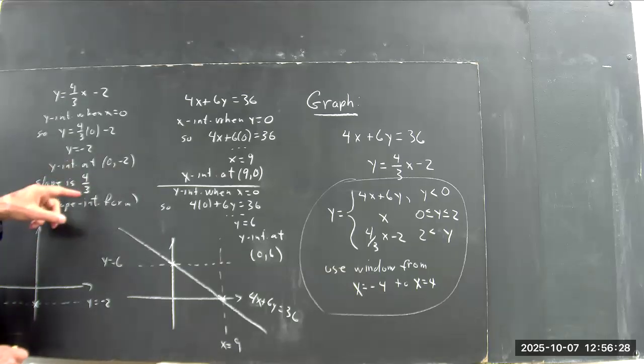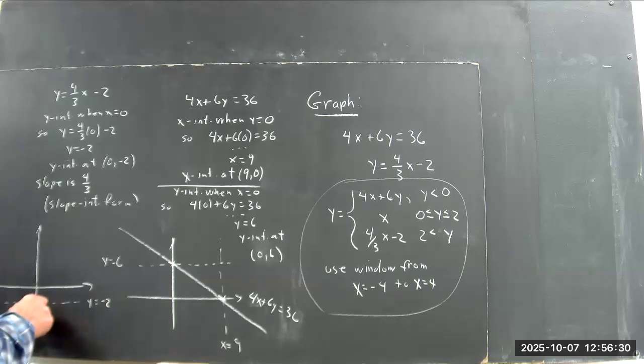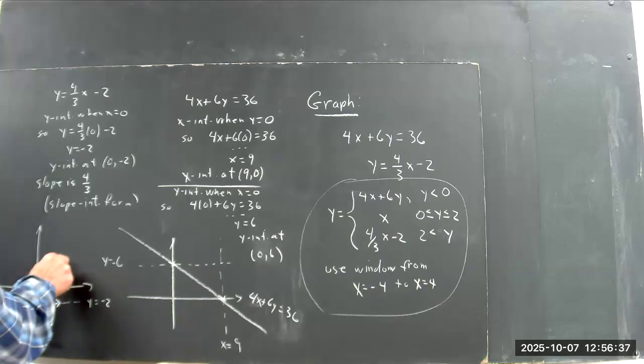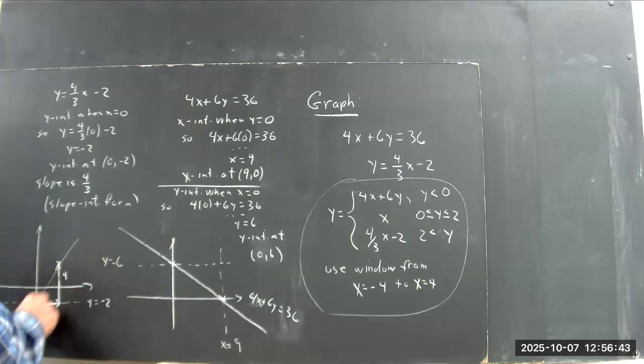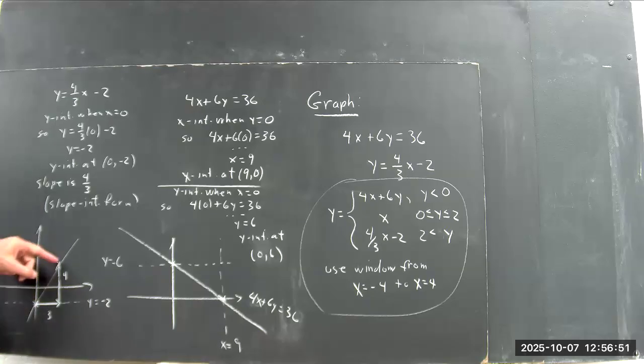So the rise is going to be 4, the run is going to be 3. So we move over 3 units, and up 4 units. And what I'd want to see in your paper is just what I wrote. I'd want to see the arrows to show you that you know how to get another point given one of the points, right? There's a graph.